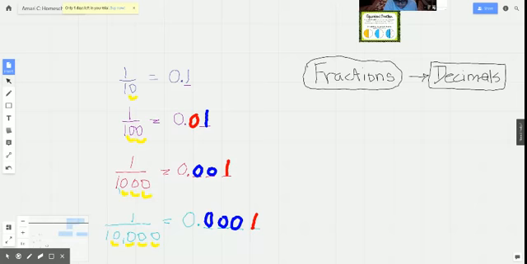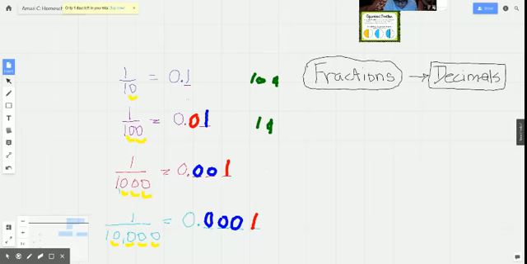Because if we want to look at this as if it were money in a sense, let's try to look at this as if it were money. How much money do we have here? This is like what? 10 cents? This is 1 cent. This is less than 1 cent.